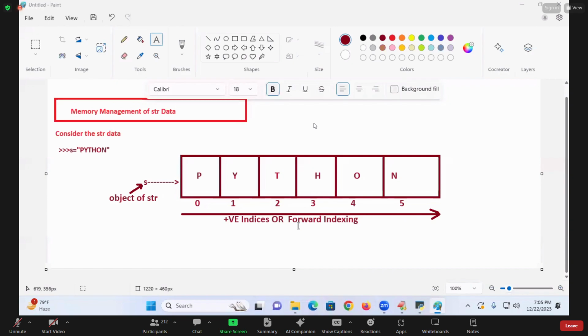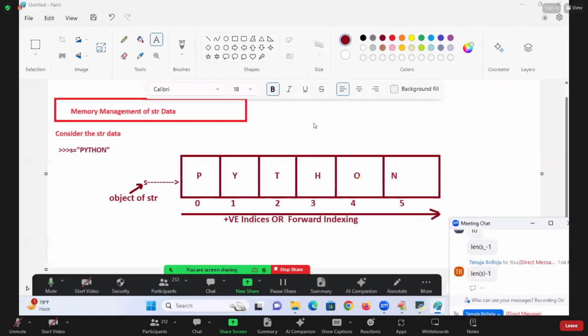Forward indexing. Now in Python, there is one more indexing facility also given. It is going to be something like this. Look at this, students: -1, -2, -3, -4, -5, -6. This is called what?